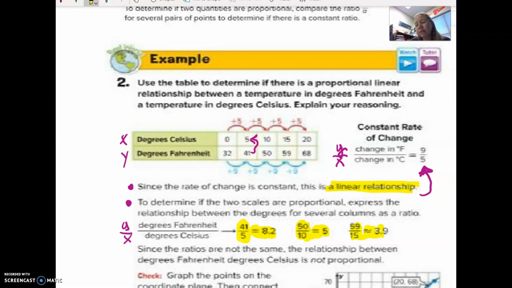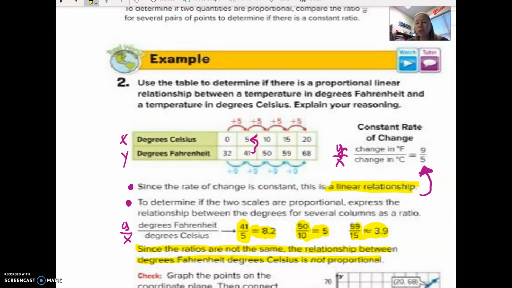We can also see that that is not the same. So since the ratios are not the same, the relationship between degrees Fahrenheit and Celsius is not proportional. So these have to be the same decimal or whole number for it to be a proportional relationship.